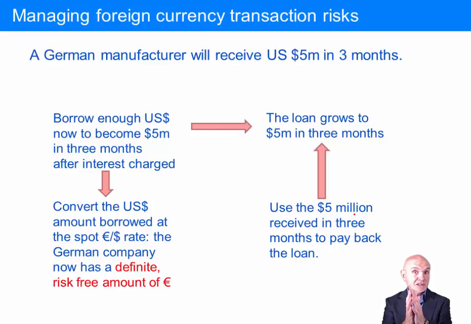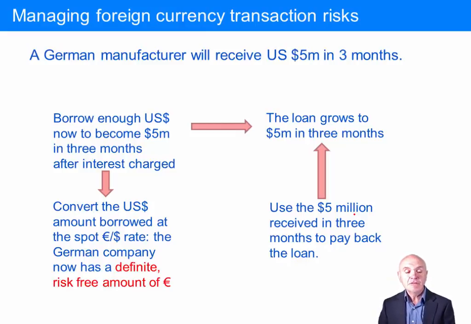It's essentially matching. We don't have that $5 million liability at the moment, so what we're going to do is create one. We want like an overdraft to the bank of $5 million, which will perfectly soak up the $5 million coming from our customer.